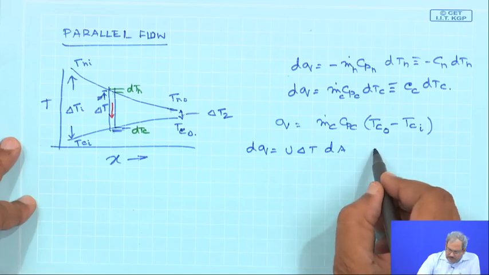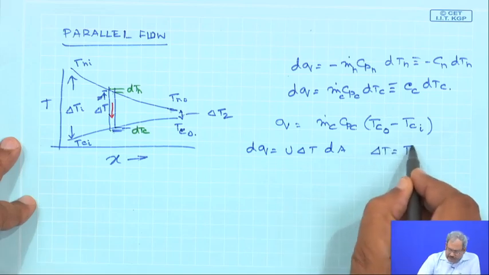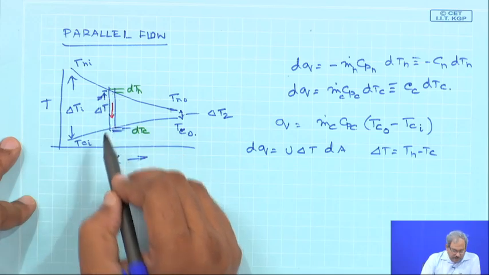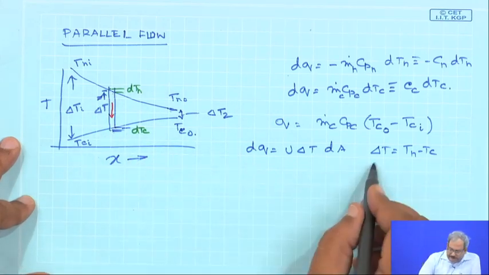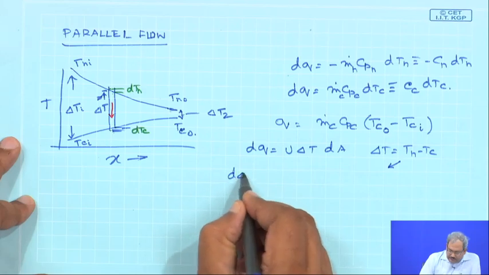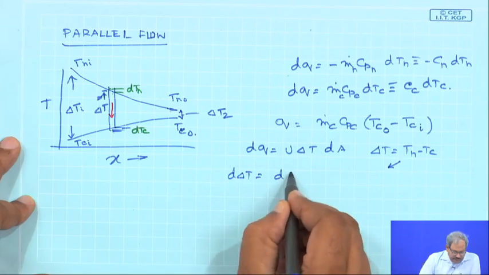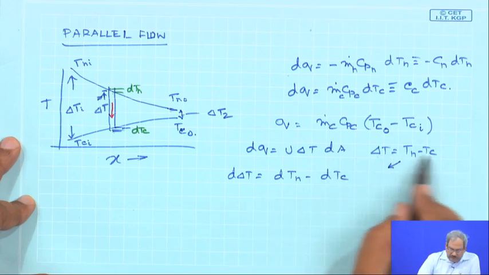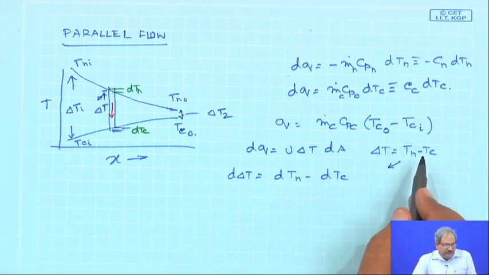So, this delta T at this point is Th minus Tc, the temperature of the hot fluid minus the temperature of the cold fluid, and from this I can simply write d delta T is dTh minus dTc, since delta T is Th minus Tc.